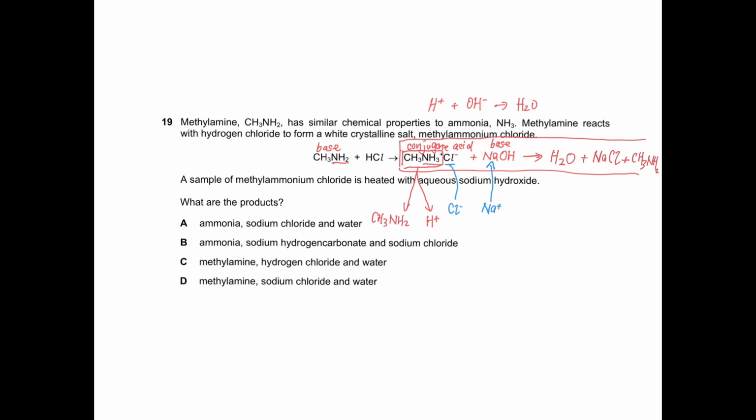Okay, so these are the three products that form. Now let's look at the choices. The answer has to be D: methylamine, which is CH3NH2, sodium chloride, which is NaCl, and finally water, which is H2O. So the answer is D.